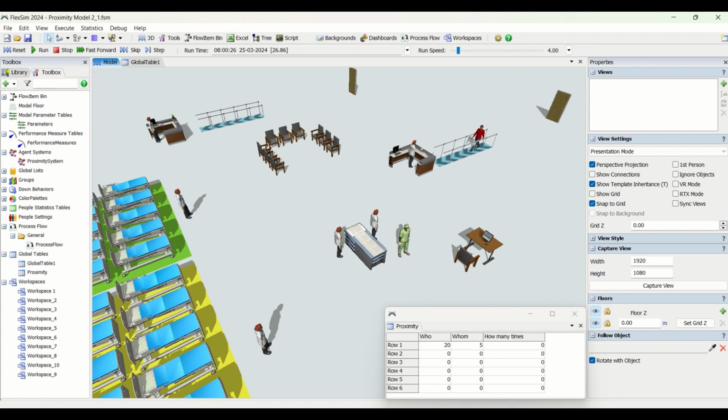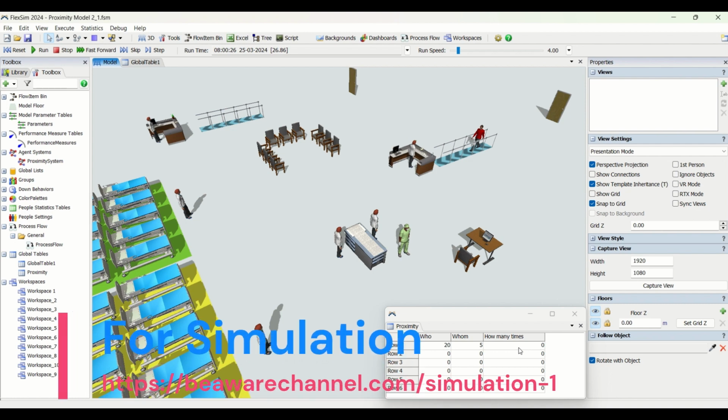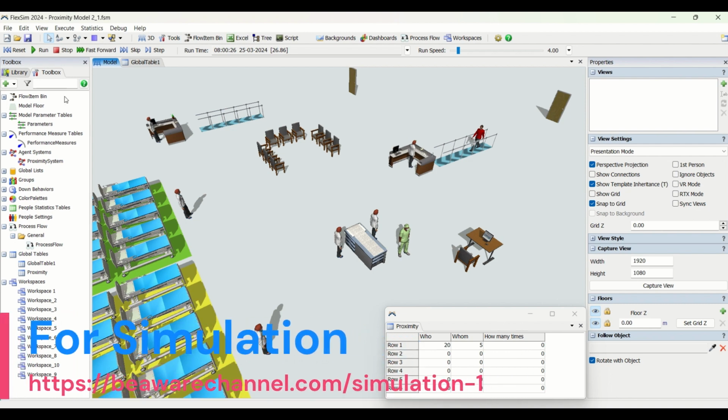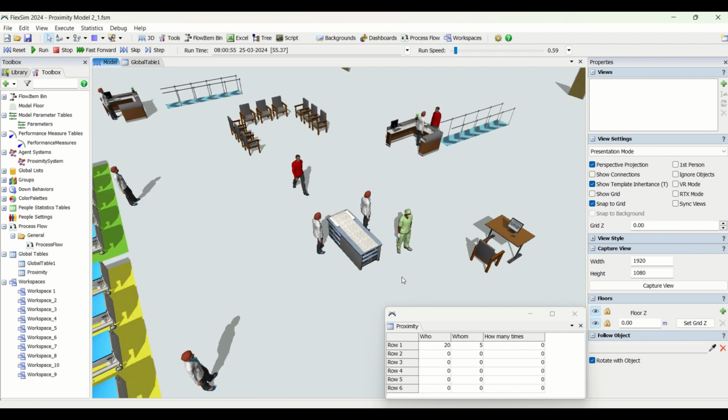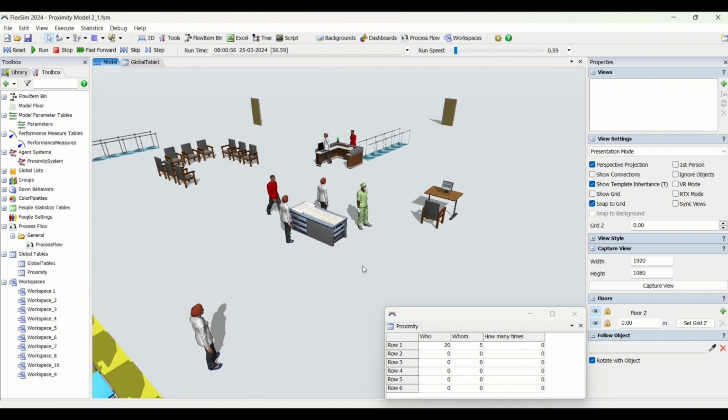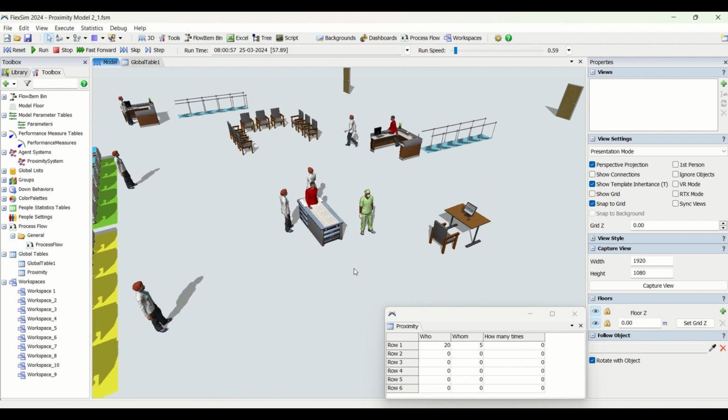Now let us see how the graphs come in, and then we'll look at how we can use proximity to answer this question. I'm running the simulation model, so you can see this nurse assisting this patient at the reception. Now this patient is going to come to the doctor's area, come to the doctor's bed and lie down.